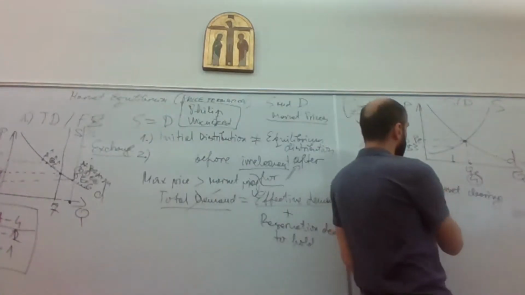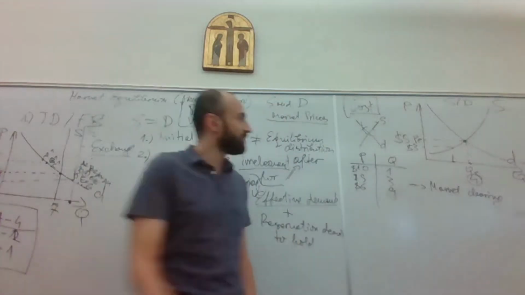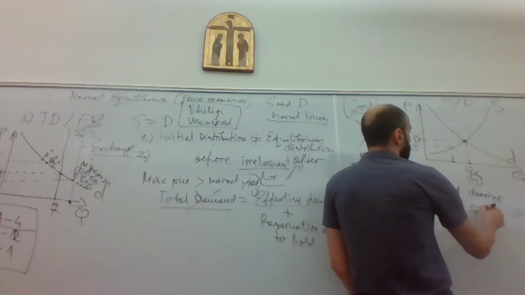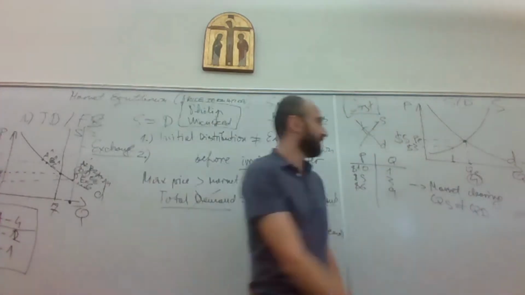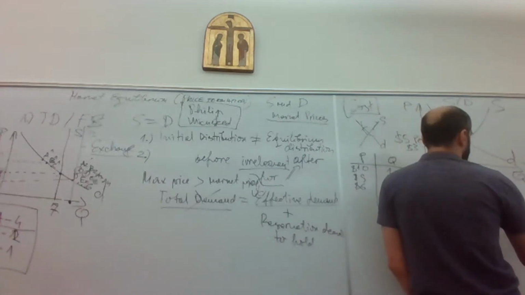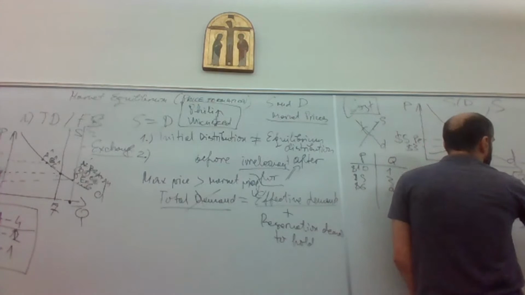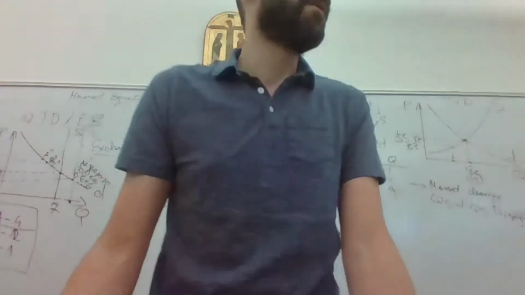That's equilibrium. If quantity supplied, for whatever reason, is not equal to quantity demanded, this is a disequilibrium. And that's market inefficiency.